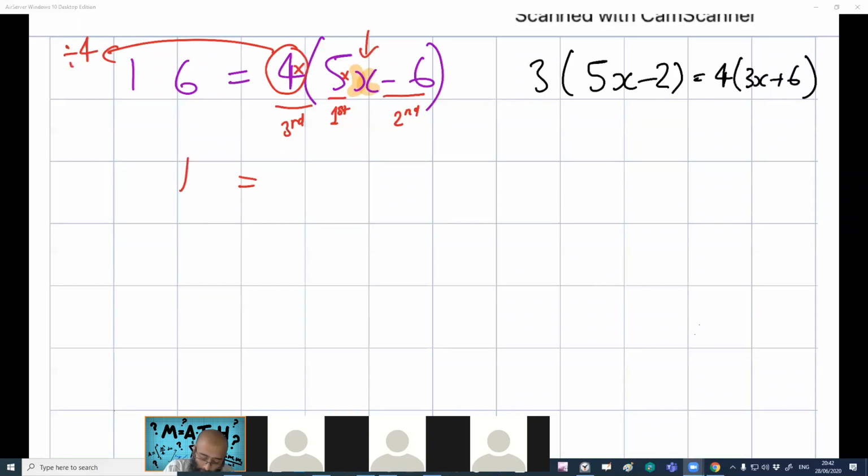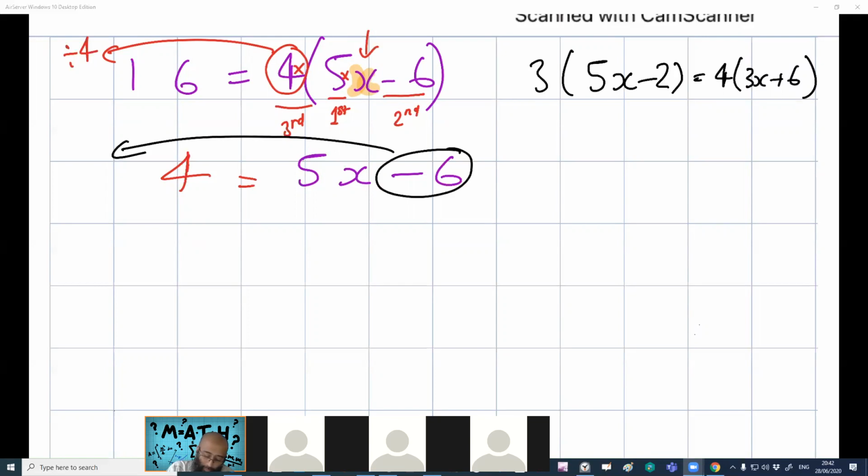So 16 divided by 4 is 4. Now the brackets have disappeared because the 4 was holding everything together. What's the next thing to move? The minus 6. It becomes a plus 6. Because when you say the 6 has got no sign to it, it's important. 6 add 4 is equal to?